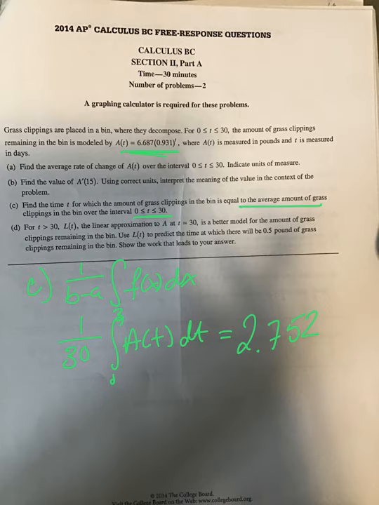So what I'm going to do is put this answer in y2, and graph this in y1 and this in y2 and see where they're equal. So I do 2.752 in y2 and graph it. My window is going to go from 0 to 30 because those are the days.